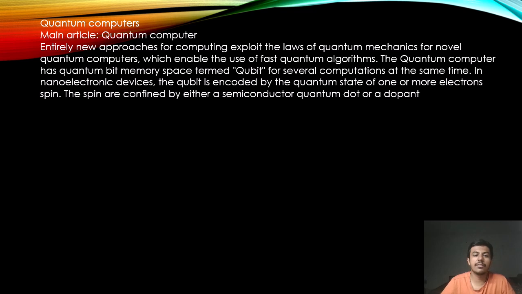In nanoelectronic devices, the qubit is encoded by the quantum state of one or more electron spins. The spins are confined by either a semiconductor quantum dot or a dopant.